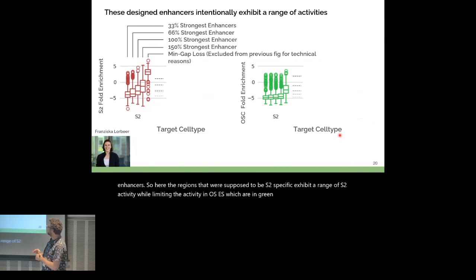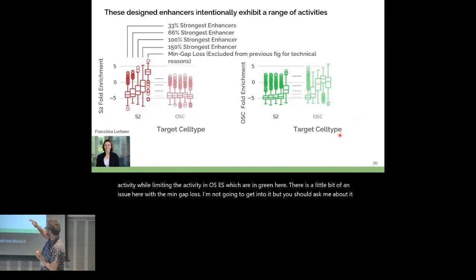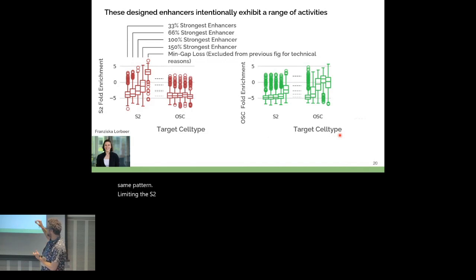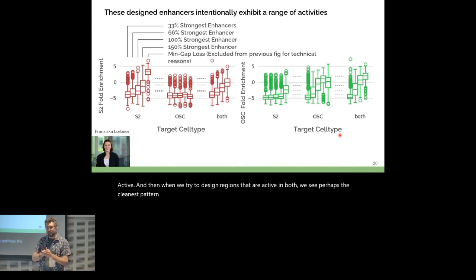There is a little bit of an issue here with the min gap loss. I'm not going to get into it, but you should ask me about it later. When we look at the same regions for the design to be OSC specific, we see kind of the same pattern, limiting the S2 specific activity while keeping the OSC active. And then when we try to design regions that are active in both, we see perhaps the cleanest pattern here of designing regions that have variable activity.